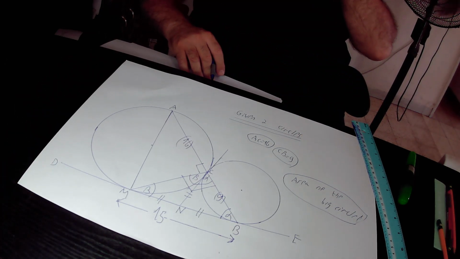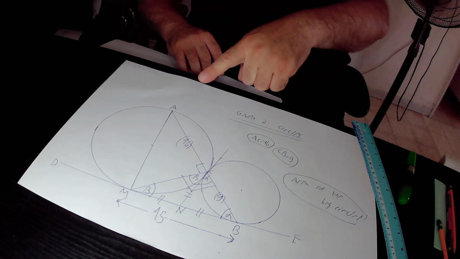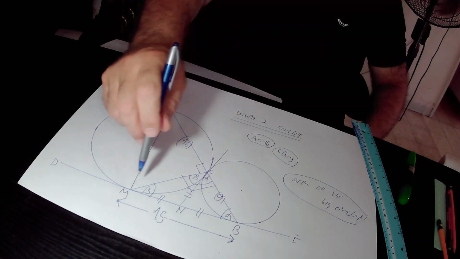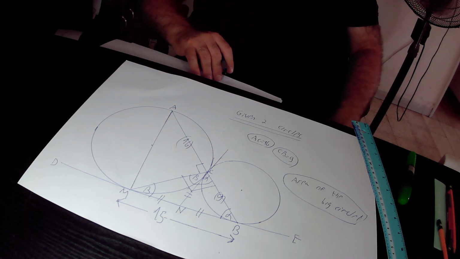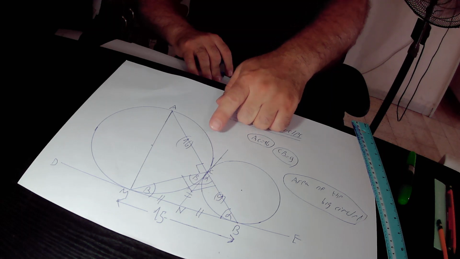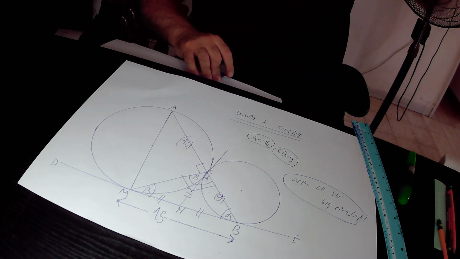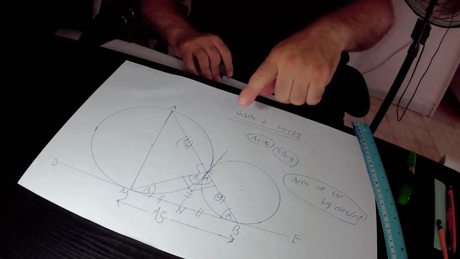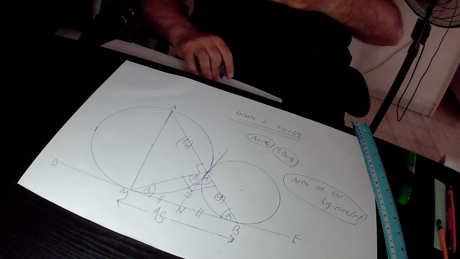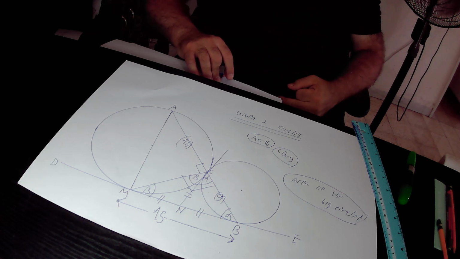On the big circle, we have a peripheral angle ACM. This is peripheral angle ACM, and we just right now found out that angle ACM is a right angle. So peripheral angle ACM that is located inside this big circle is equal to 90 degrees in its size.